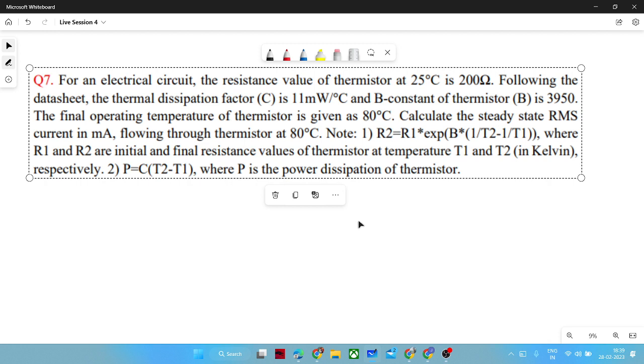Yeah, it is a negative temperature coefficient. So the primary objective to use a thermistor is to limit the inrush current. Since it has a negative temperature coefficient, initially it will offer high resistance to the inrush current so that it would not damage the circuit. And as we proceed towards the steady state, the resistance value will go lower due to the negative temperature coefficient characteristics, and we will have better performance at the steady state, right?